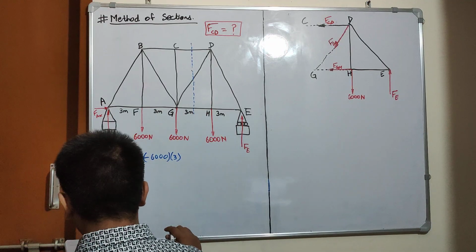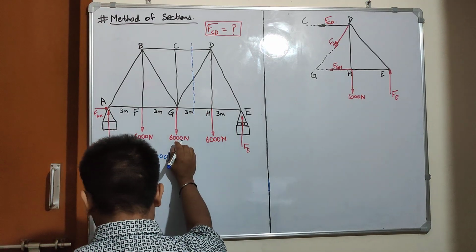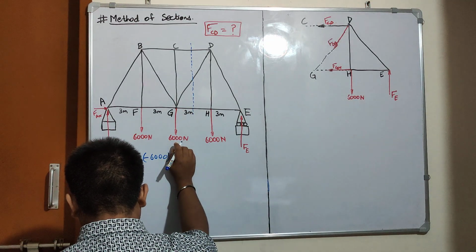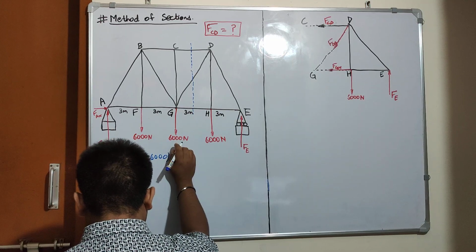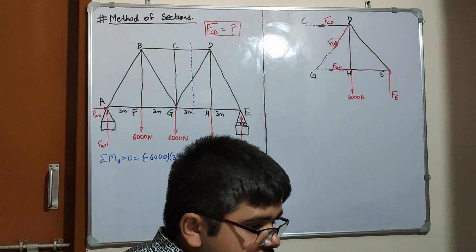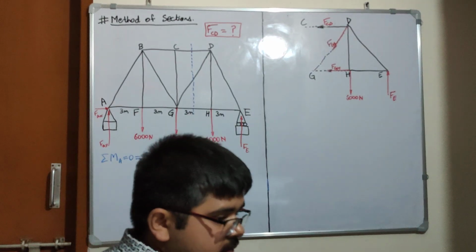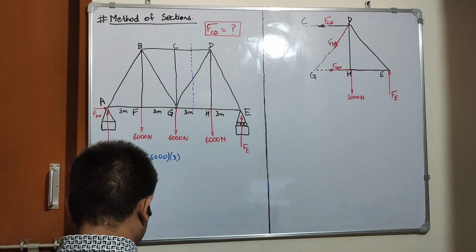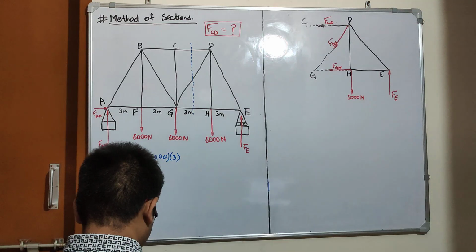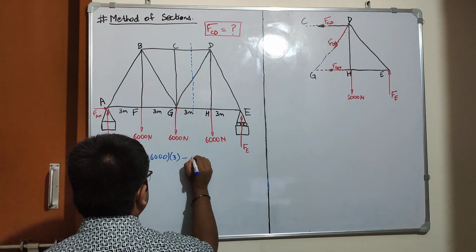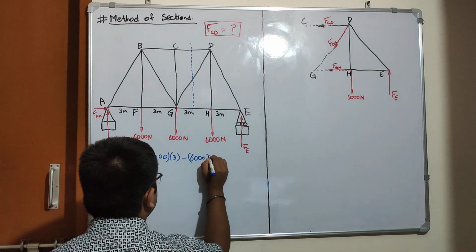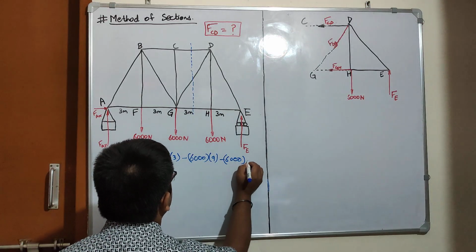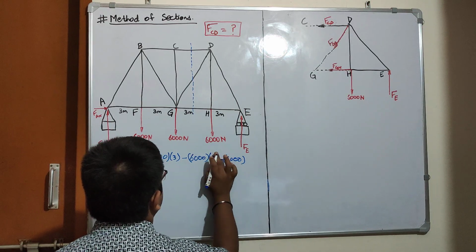Then we have minus 6000 into 9, minus 6000 into 6.